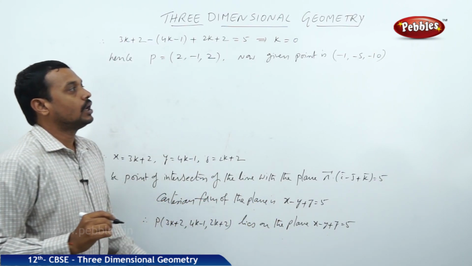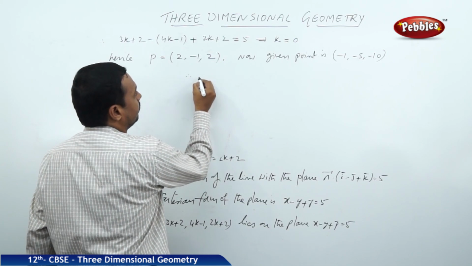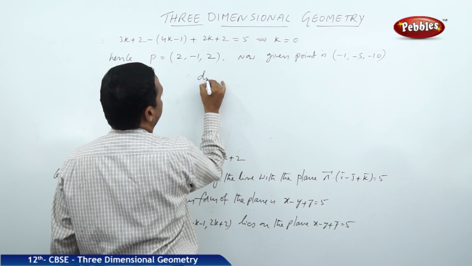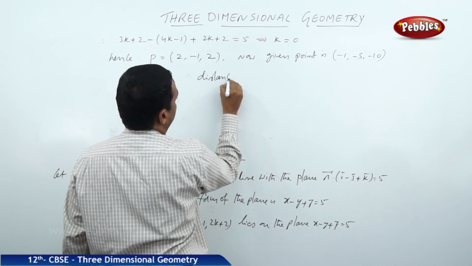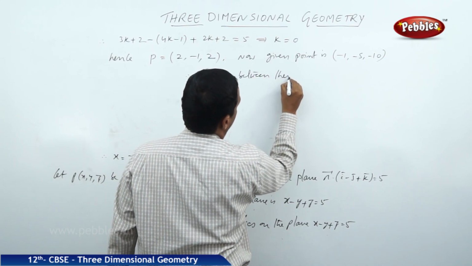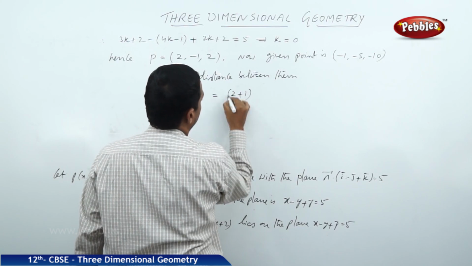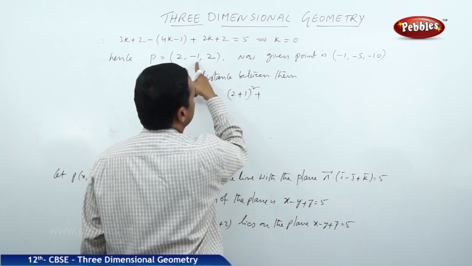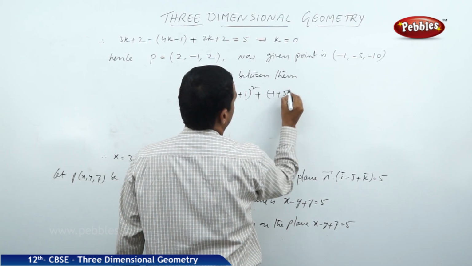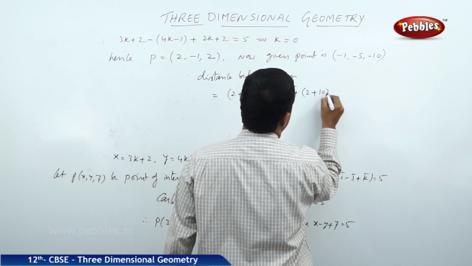Okay. Now let us find the distance between them. The distance between them is equal to the square root of (2 plus 1) whole square plus (minus 1 plus 5) whole square plus (2 minus 10) whole square.